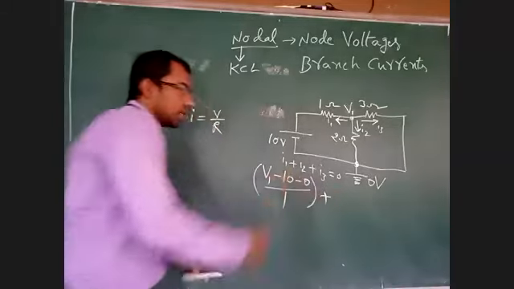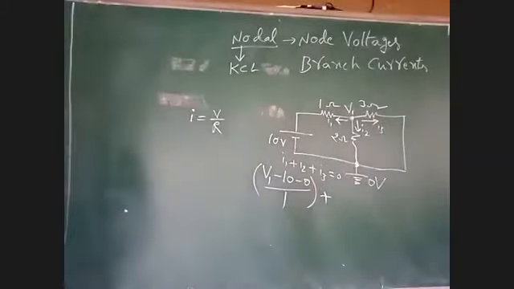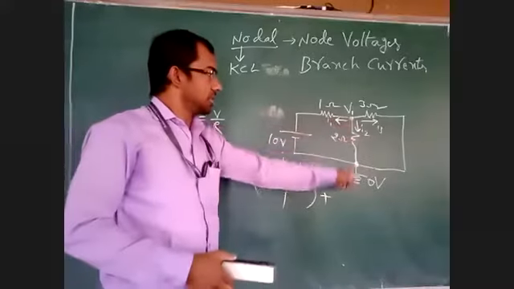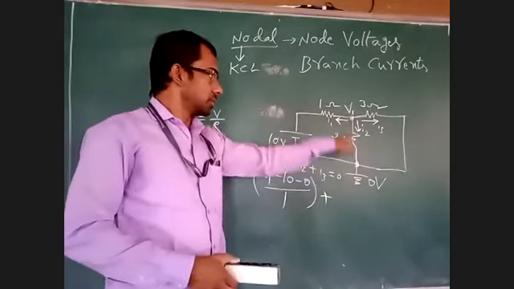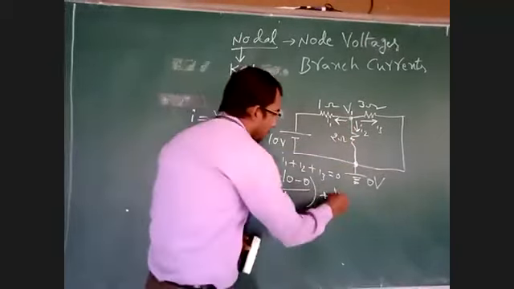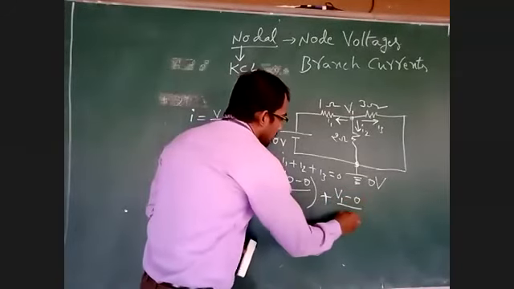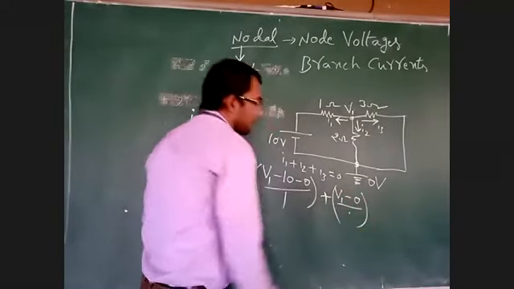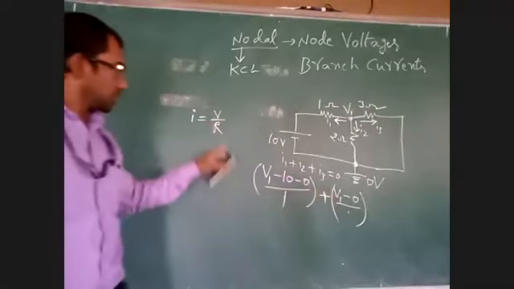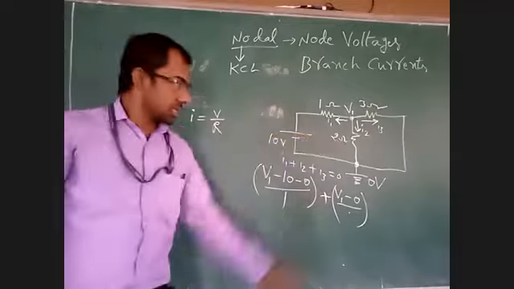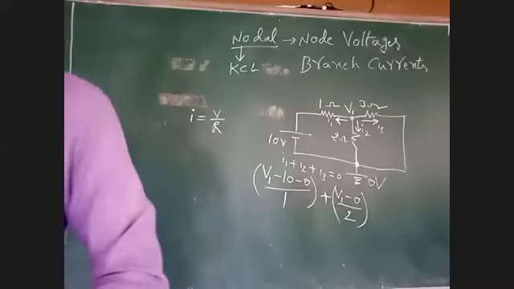This is your I1. That is your I1 plus I2. I2 is also leaving. V1 is at higher potential, 0 is at the lower potential. V1 minus 0, divided by the resistance in the denominator. What is the resistance? 2 ohms.